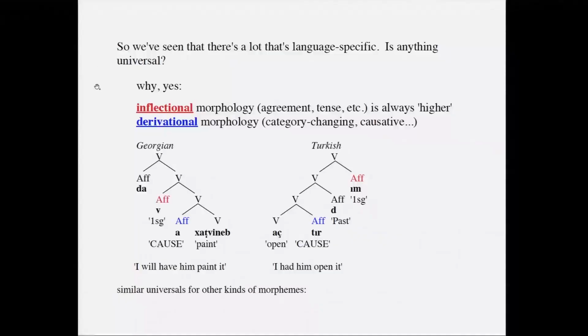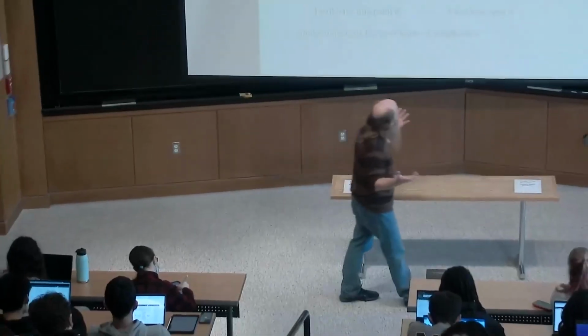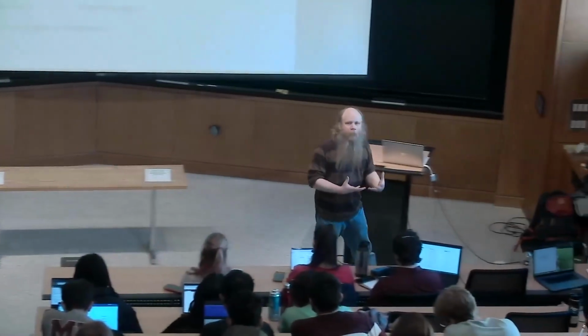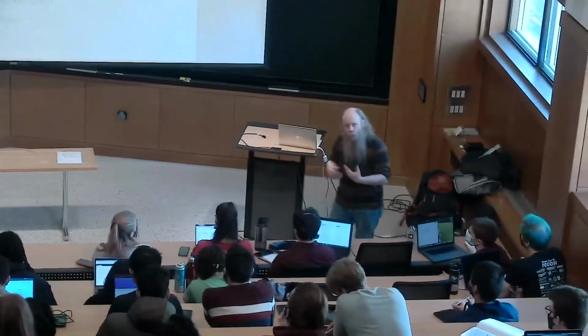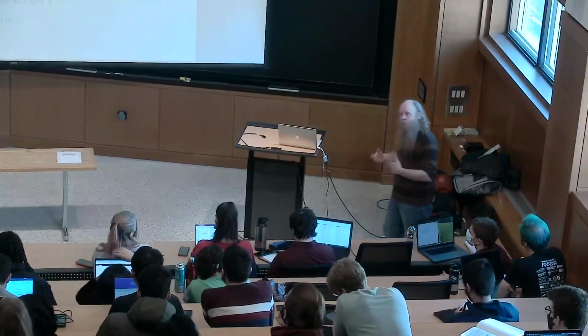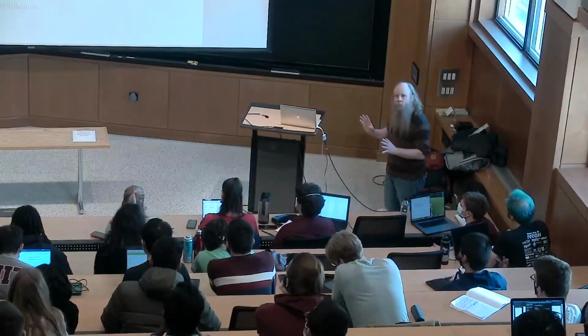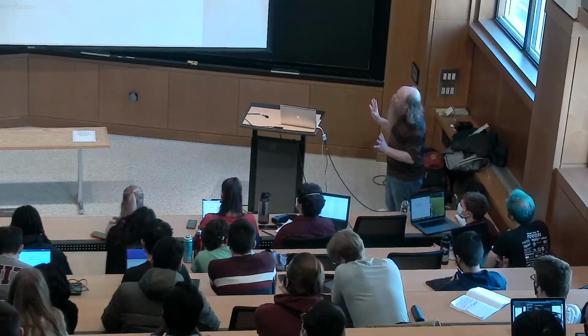They're not pronounced the same way, right? Cause in Georgian is a, cause in Turkish is tır. But they do have that property in common, that the order in which you combine these morphemes is the same for these two otherwise fairly different languages. And that's a pretty reliable thing.